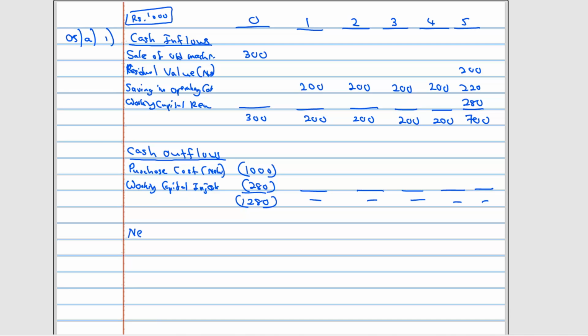Now let's get the net cash flows. Here 1280 negative, 300 positive. So here 980 negative. Here 200, 200, 200, 200 and here 700.